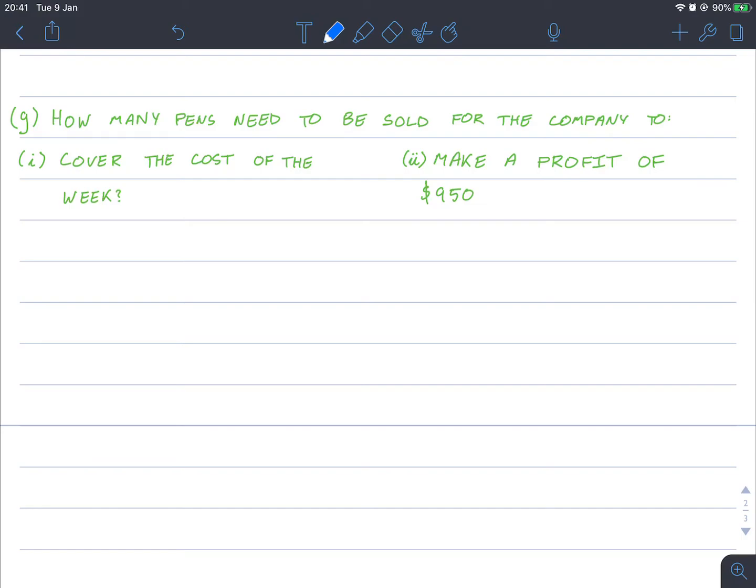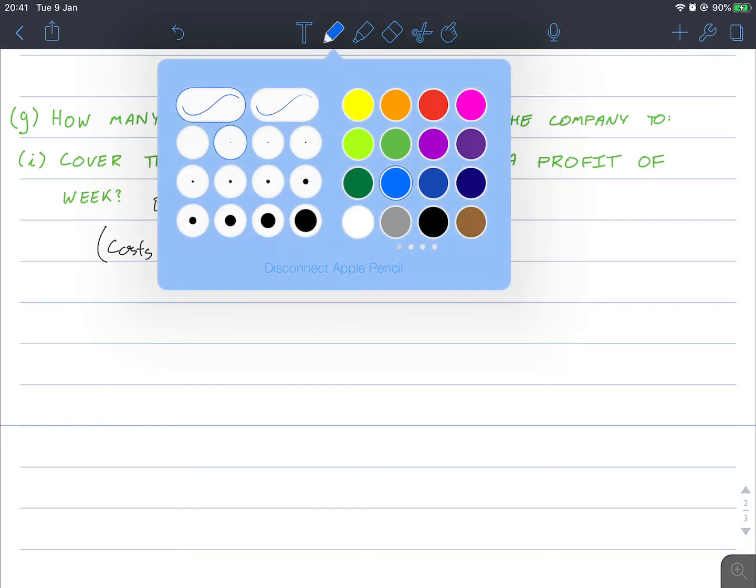This is what's known as breaking even. Break even. Just so you know, again, it's when costs equal revenue. That is what it means to break even.